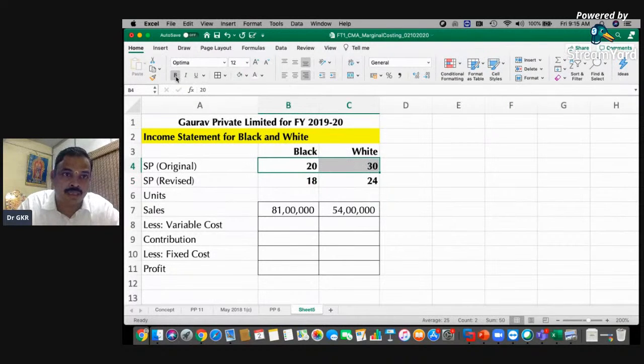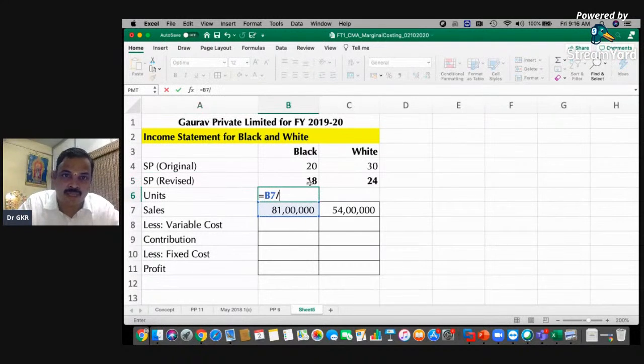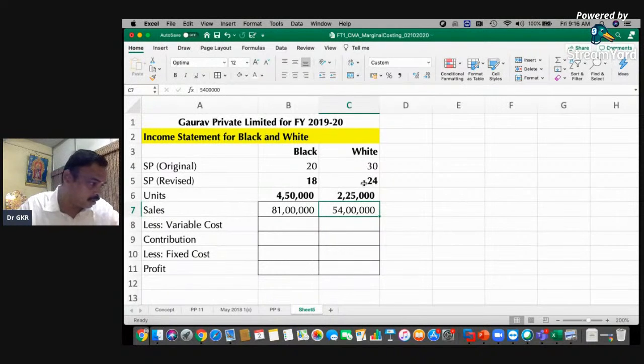But I'm not concerned about this. I'm only concerned about revised selling price. And what is your units? 81 lakhs divided by 18. So 4.5 lakhs. Similarly, 54 lakhs divided by 24. So 2,25,000. Okay, so that is your units sold. Very good.